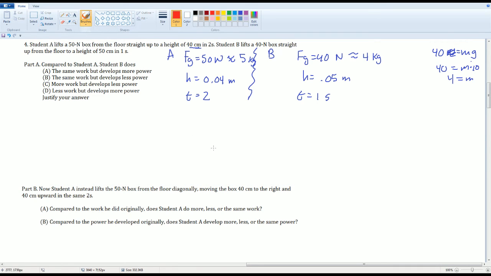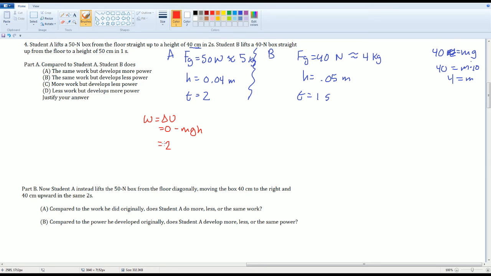You could do it in many ways, but I'm just going to do work as the change of U. It had 0 minus mgh. I have m, g, and h. The first student has 5 times g, 10, times height, which is 0.04. So this is 2.